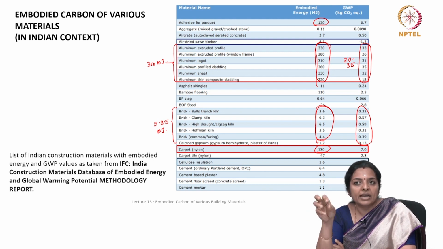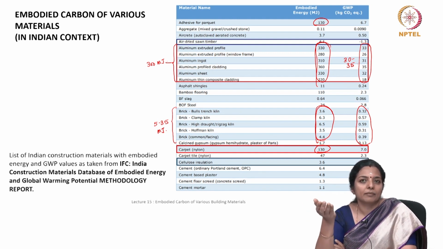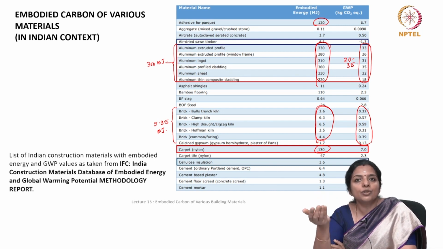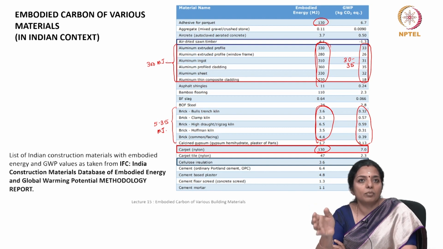We can take them directly from nature and they do not involve too much processing. For example, timber, mud plaster, straw bales, bamboo, these are all low embodied carbon materials because they do not involve too much energy for extraction and processing.